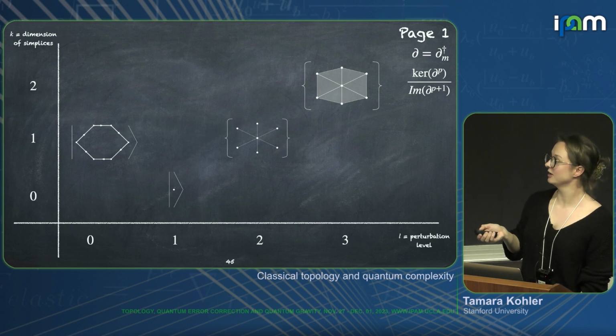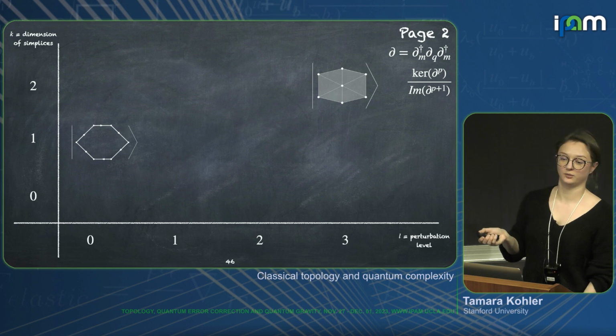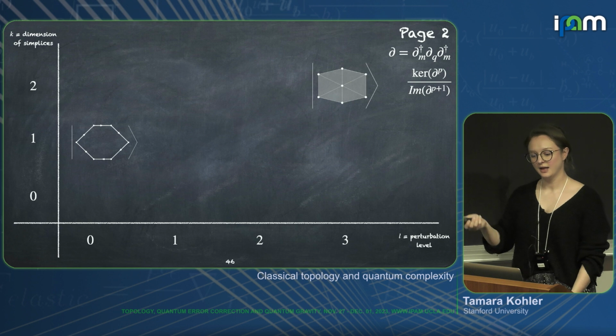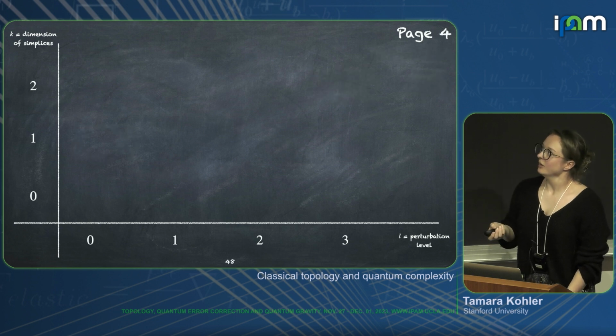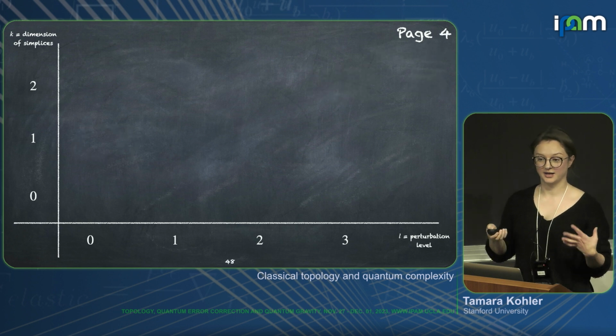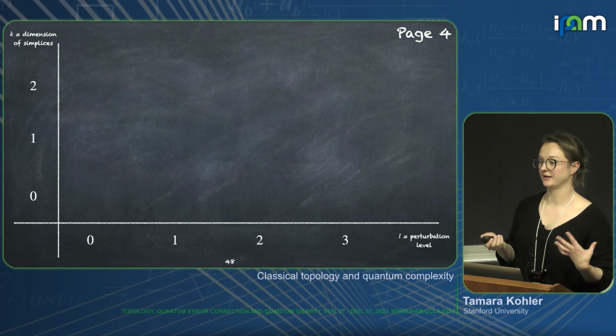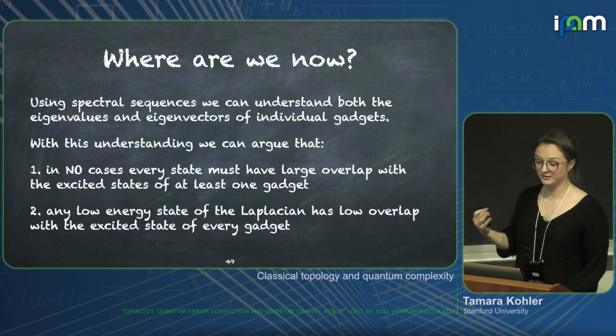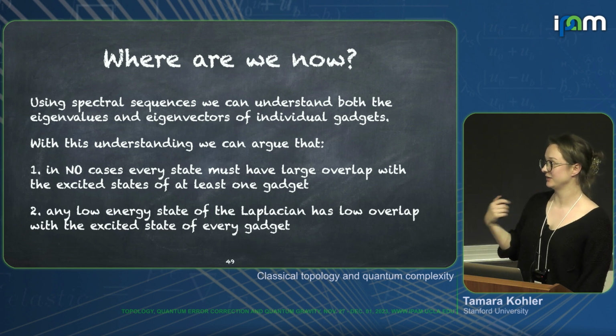Things which are on this page but not on this page are lambda to the minus 2, lambda to the 2 eigenvalues, and so on. It tells you not just about the eigenvalues, but also gives you information about the eigenvectors. Using this, we can understand both the eigenvalues and the eigenvectors of the individual gadgets.